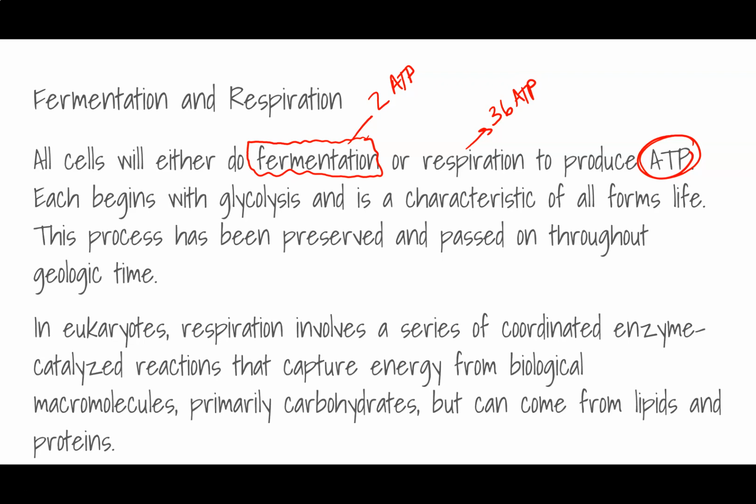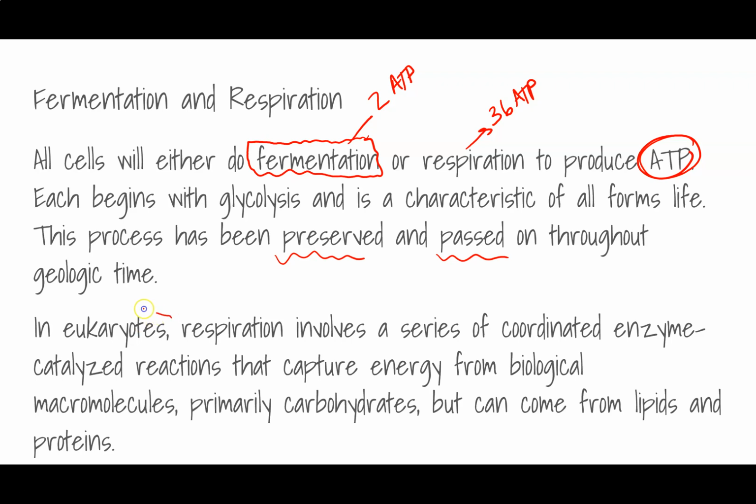The original fermentation, the anaerobic respiration, is super primitive. It has been preserved and passed down throughout geologic time, billions of years. It's simple. It's anaerobic, and it happens in the cytoplasm, of which all cells have. So we'll talk more about that as we move on.